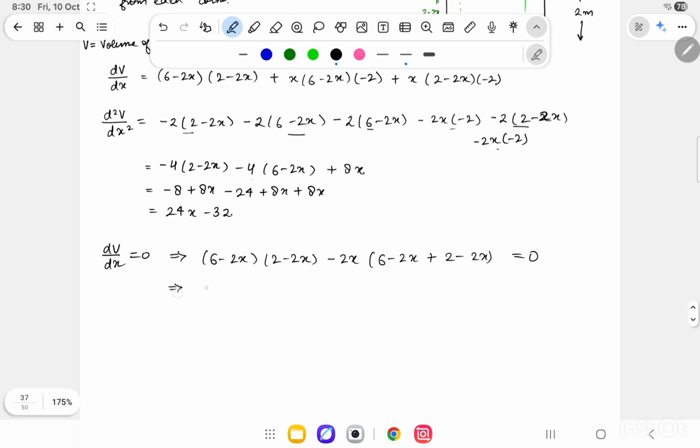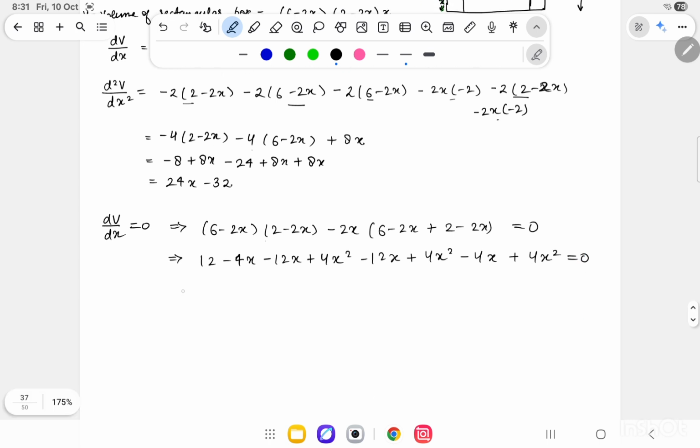If I simplify it, it will give me 12 minus 4x minus 12x plus 4x square, minus 12x plus 4x square, minus 4x plus 4x square equals 0.